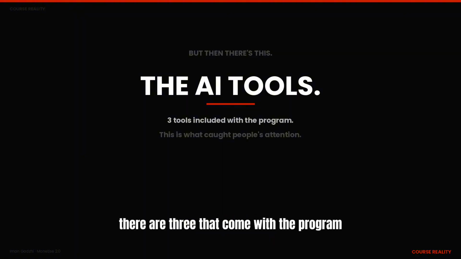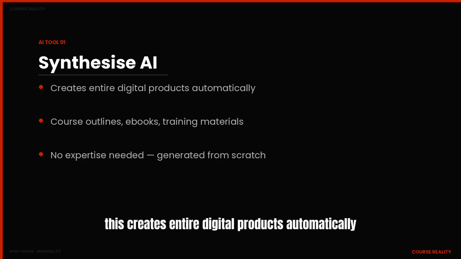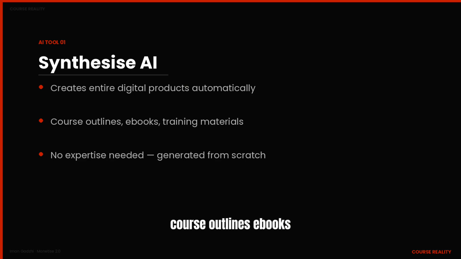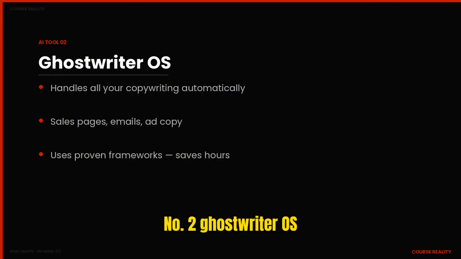There are 3 that come with the program. Number 1, Synthesise AI. This creates entire digital products automatically. Course outlines, ebooks, training materials, generated from scratch with no expertise needed. Number 2, Ghostwriter OS. This handles your copywriting, sales pages, emails, ad copy, using proven frameworks.